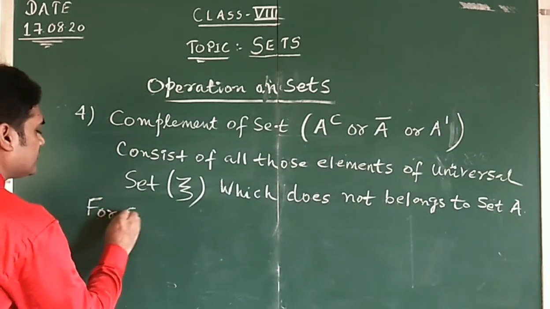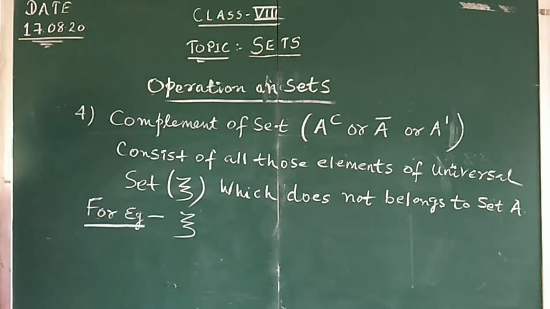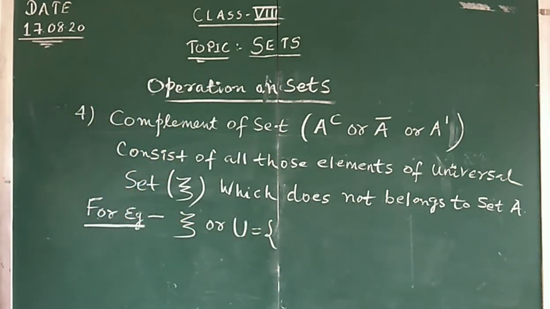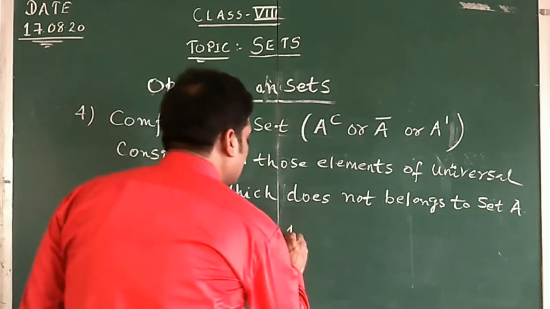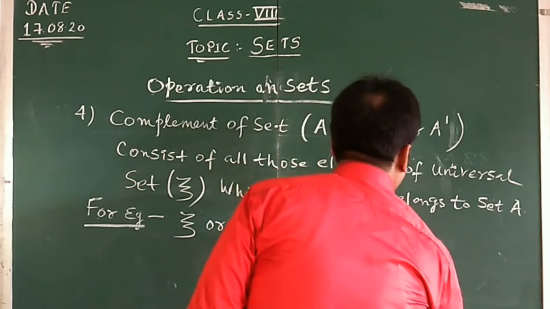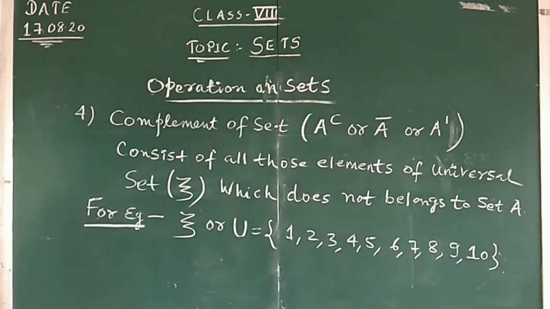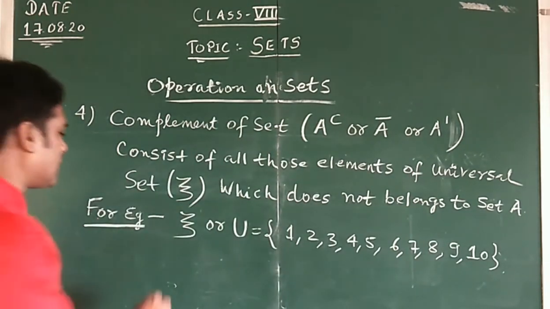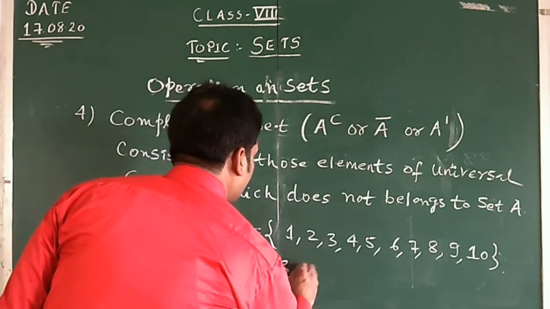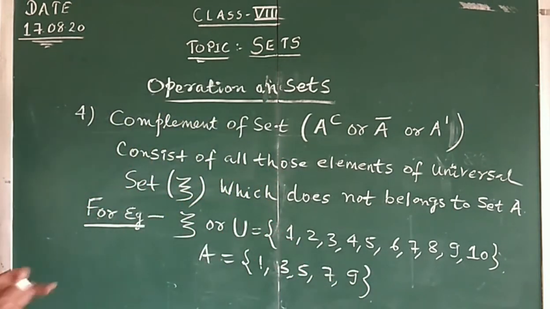For example, suppose the universal set is 1, 2, 3, 4, 5, 6, 7, 8, 9, 10, that is, 1 up to 10. Now suppose A is 1, 3, 5, 7, 9, the set of odd numbers up to 9.